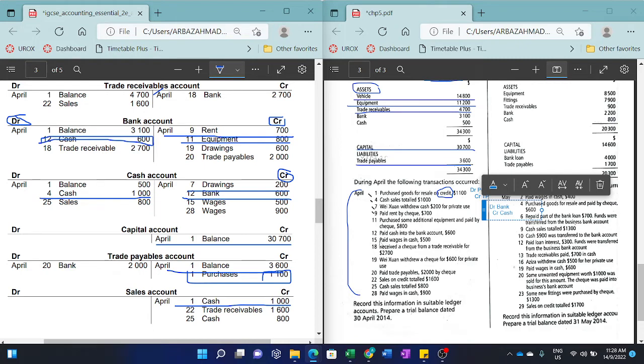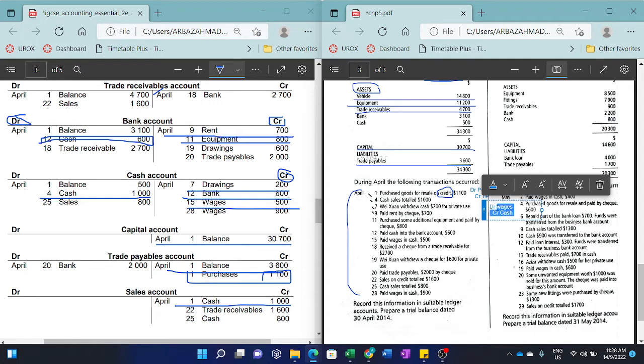Okay, paid wages in cash. So when you pay wages, credit is going to be cash, and here it's going to be wages. When you pay someone, your cash decreases and your wages increase. So you pay wages 500. And then I have received a check from a trade receivable.